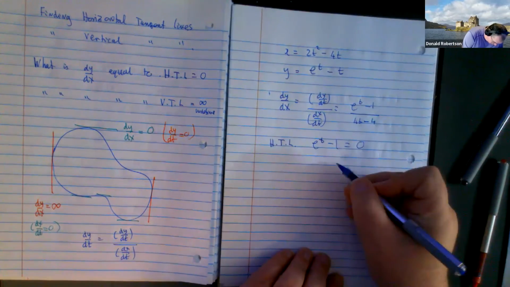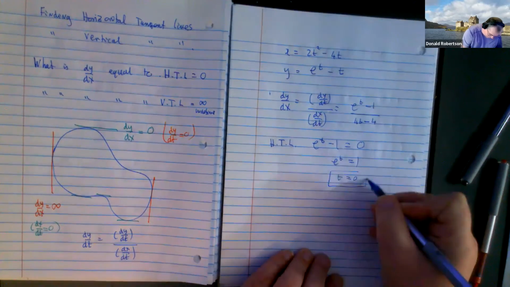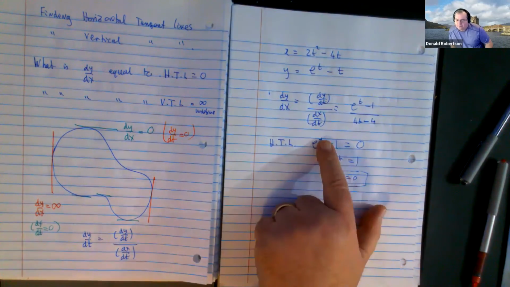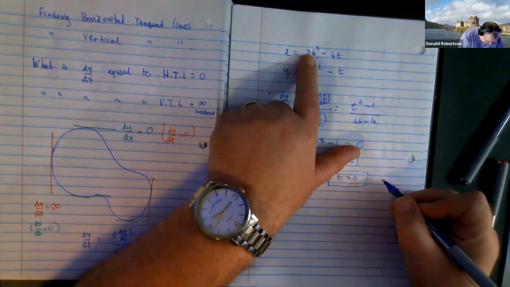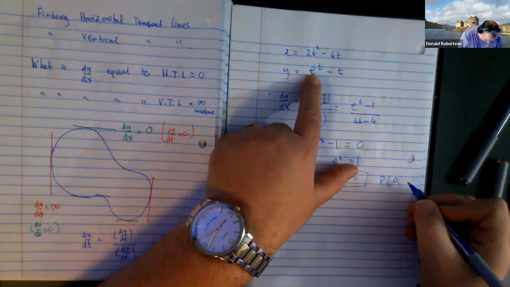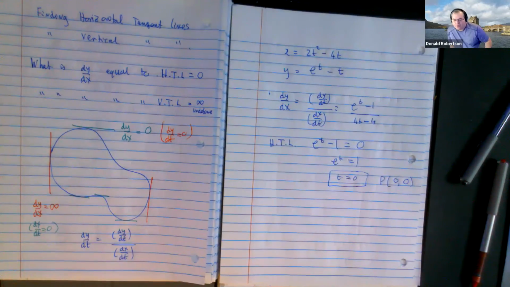Well, if you want to solve this, aren't you looking for t equals 0? Agreed? Now, when t equals 0, you will get 0, 0, and 0.